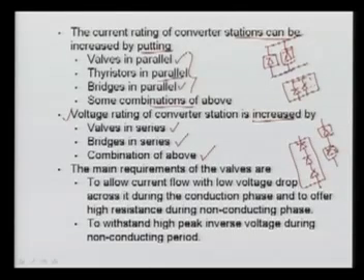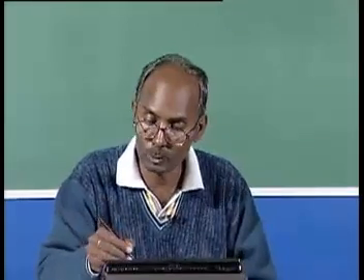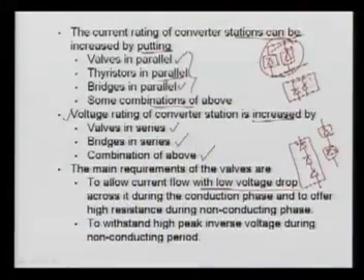We can also add bridges, and again we go for 12 pulse operation; basically we add this to increase the pulse number. The main requirement of valves is to allow current flow with low voltage drop. The main requirement of whatever valve you are using here is that it will allow the current flow with the minimum voltage drop.